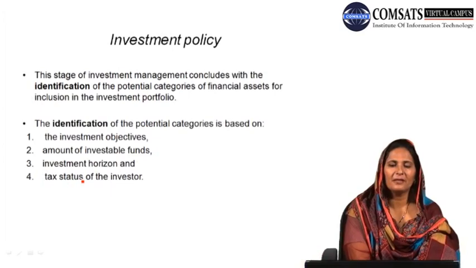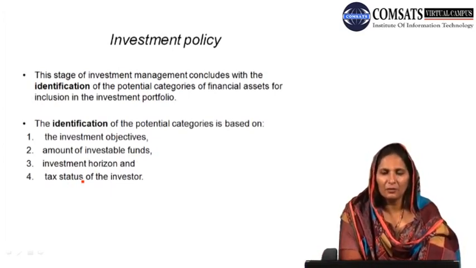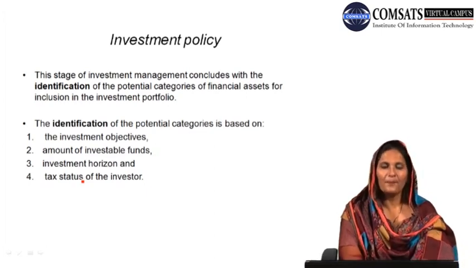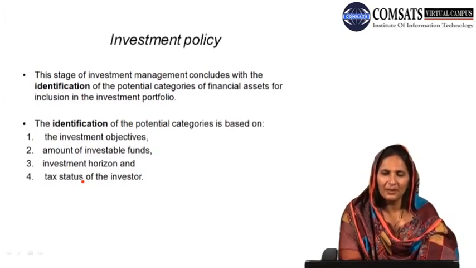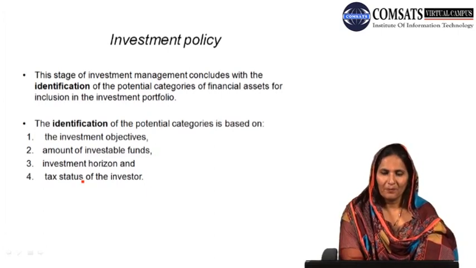At this stage of investment management, we conclude with the identification of potential categories of financial assets for inclusion in the portfolio. The important thing to know is that he should identify the instruments which can be included in his portfolio holdings.